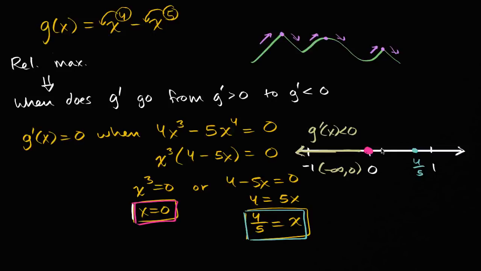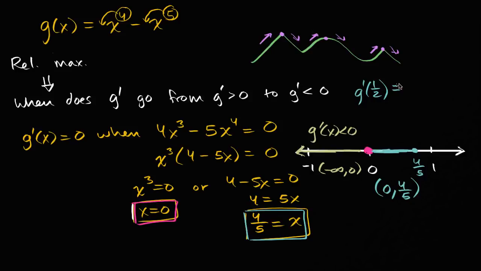So in the interval between 0 and 4/5, so that interval right over there, well, let's just sample a number there. Let's say the number, I don't know, 1/2 might be really straightforward. So we can evaluate g prime of 1/2. G prime of 1/2 is equal to 4 times 1/2 to the third power. 1/2 to the third power is 1/8.